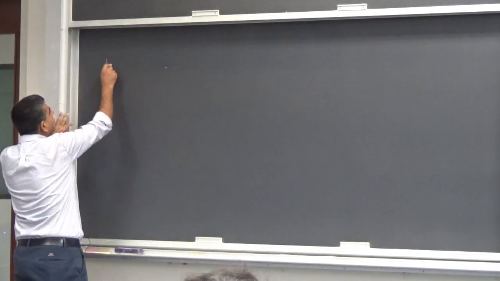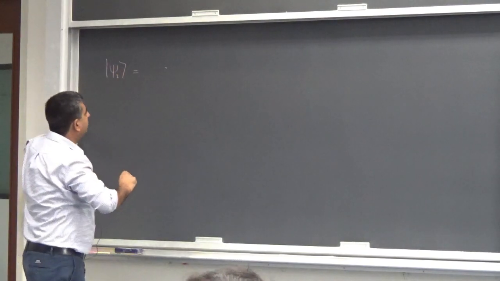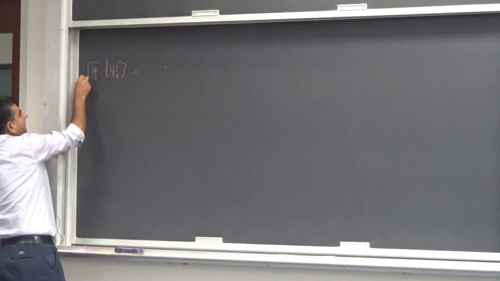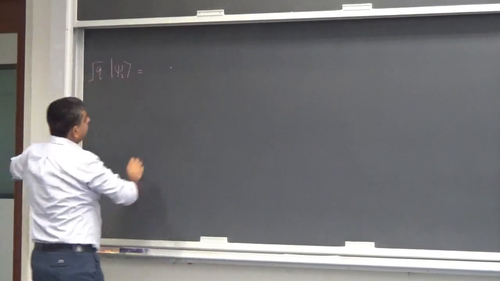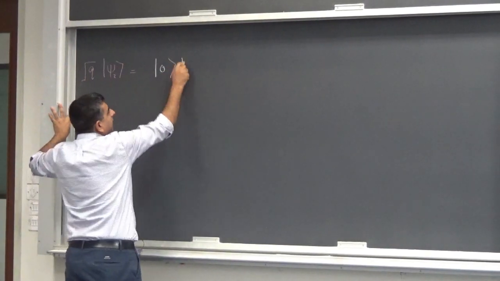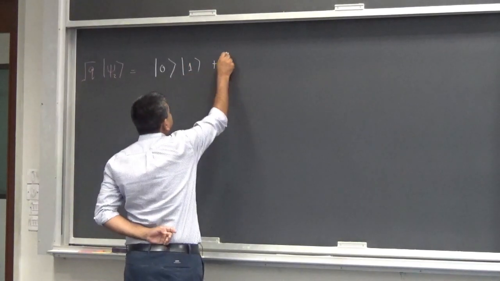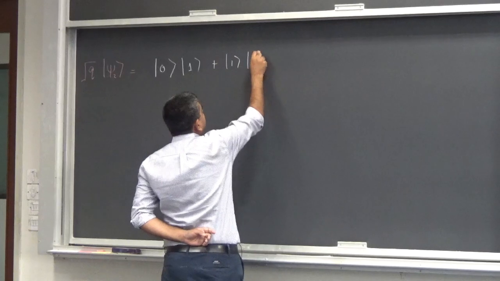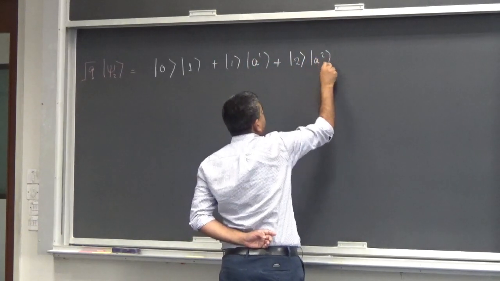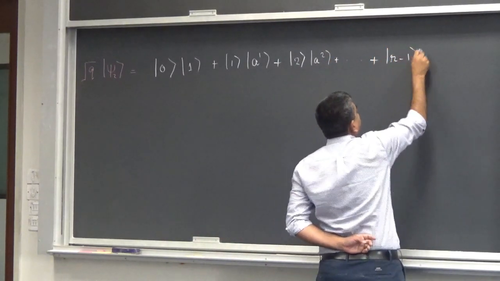Psi 2 is given by 1 over under root q. I put the under root q here just for convenience. Ket 0, a raised to power 0, which is 1, plus ket 1, a raised to power 1, plus ket 2, a raised to power 2, up to r minus 1.